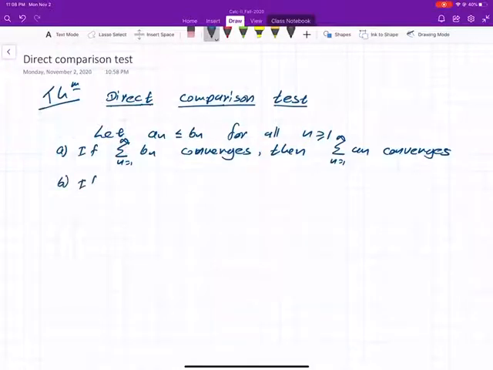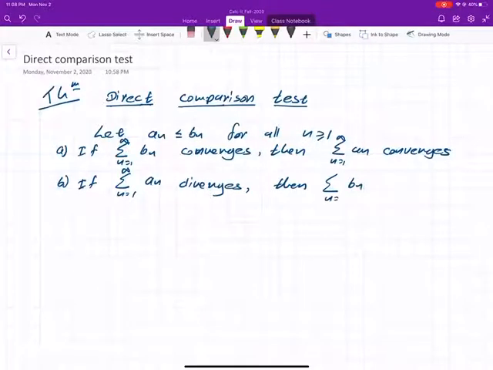This is the part B of the direct comparison test. If sigma an, n goes from 1 to infinity, diverges, then sigma bn, n goes from 1 to infinity, diverges.